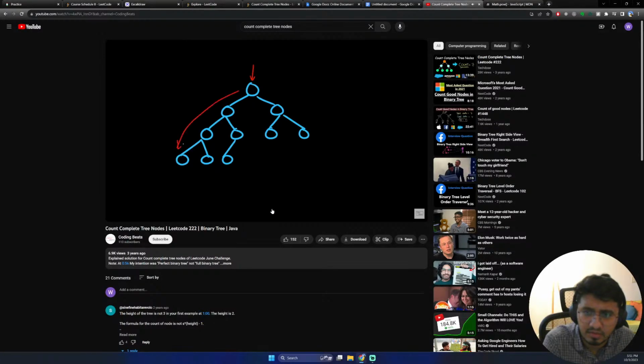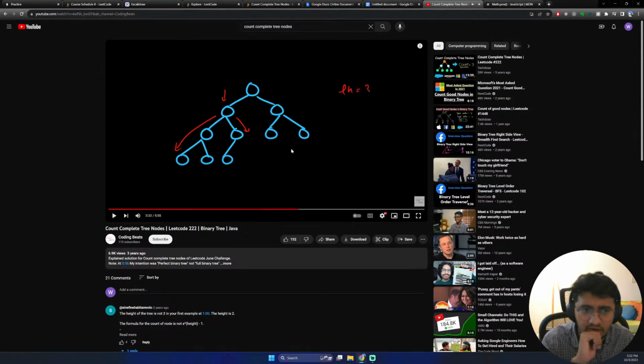I will go and find leftmost height and I will find rightmost height. I will get LH as 4 and RH as 3. Since they both are not equal, then I will recurse to both the children. Now I will come to left children and it will again calculate left and right. Okay, got it. So my left height will be 3. Got it.